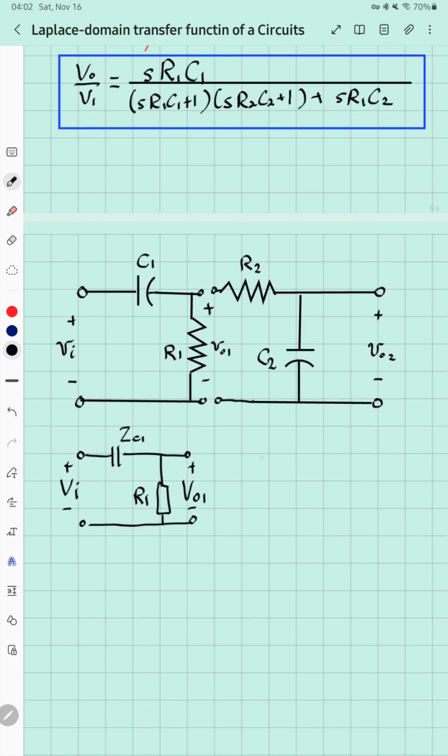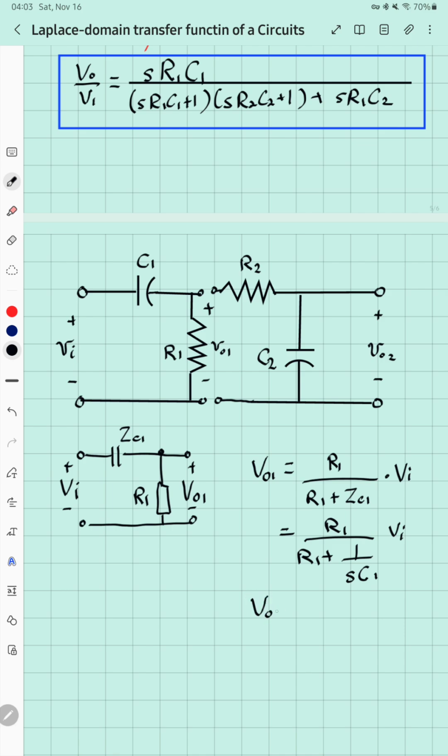It's a simple voltage divider. V out 1 is R1 over R1 plus ZC1 times V in. And remember ZC1 is pretty much R1 plus 1 over SC1, times V in.